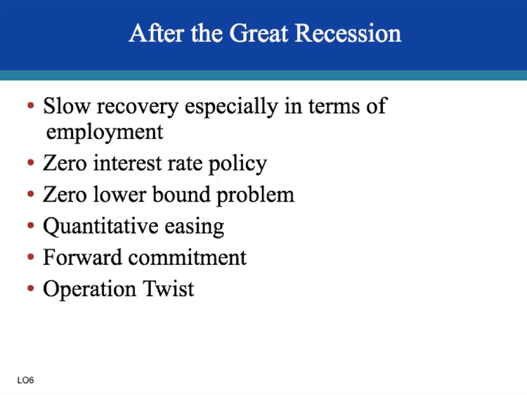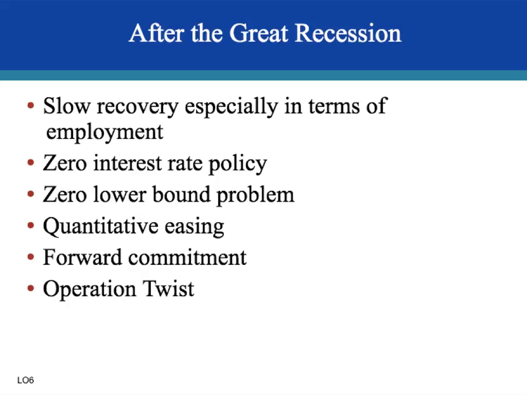And also it expanded from just buying bonds to also buying debt by government agencies and government-backed corporations. Okay, so it opened up the market, if you will, for securities a little bit. And then they engaged in what's called a forward commitment.